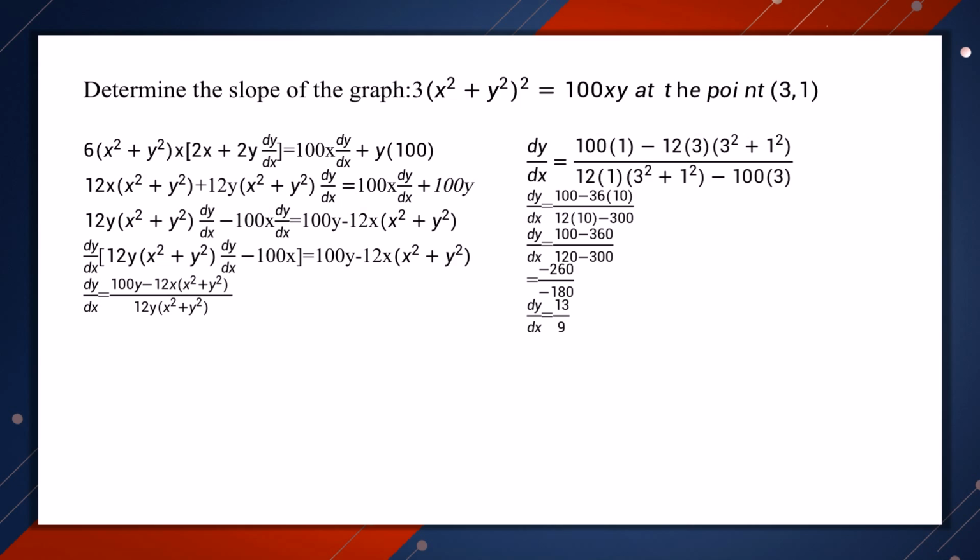Dy over dx equal to 100 minus 360 over 120 minus 300 is equal to negative 260 over negative 180. The result is 13 over 9.